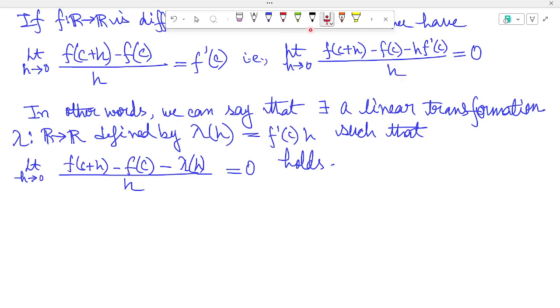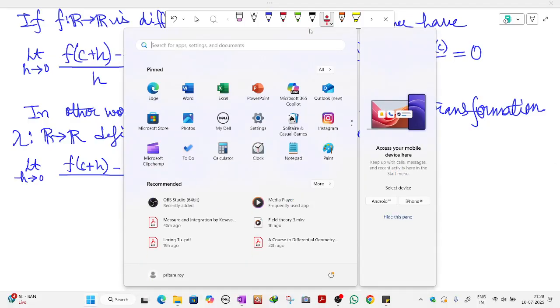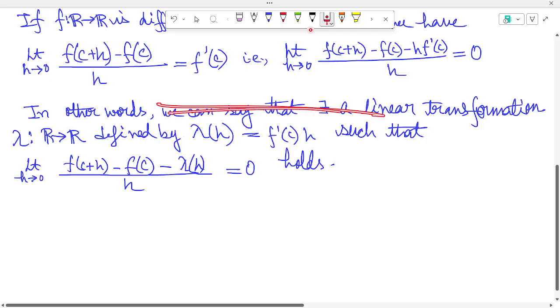Now I will try to generalize this concept to functions from Rn to Rm.